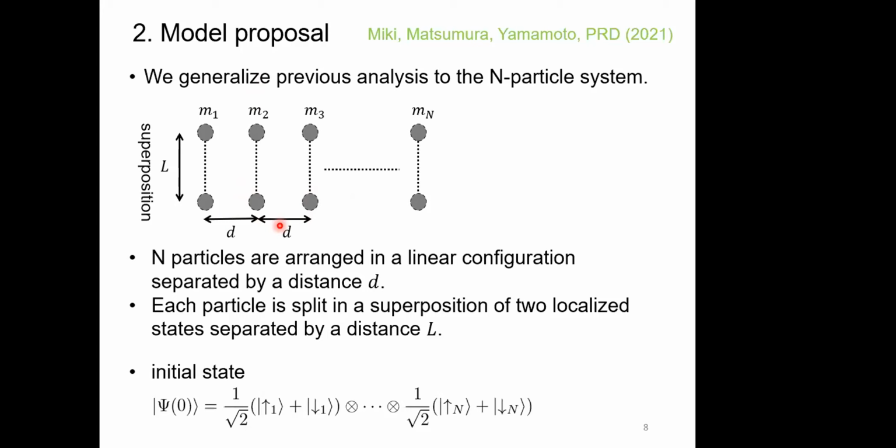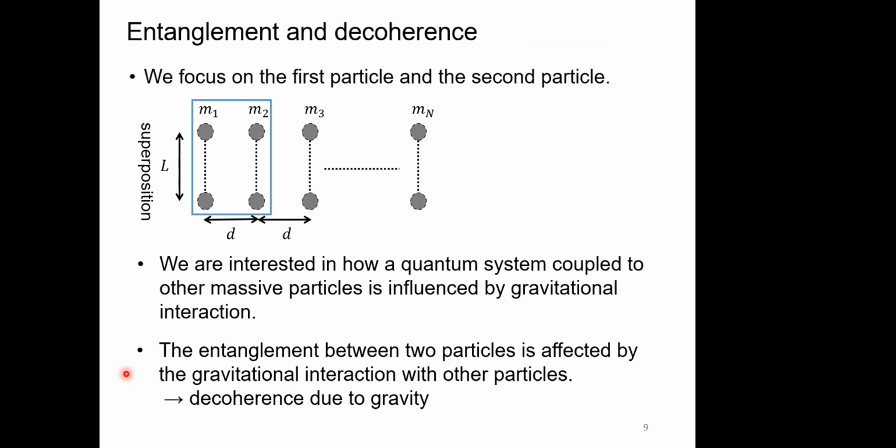We also assume that the initial state is simply the product state of this form, and the particles are spatially localized during its evolution. Here, we focus on the entanglement between the first particle and the second particle.